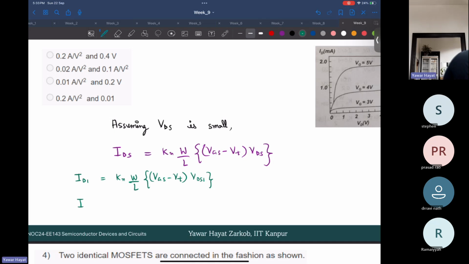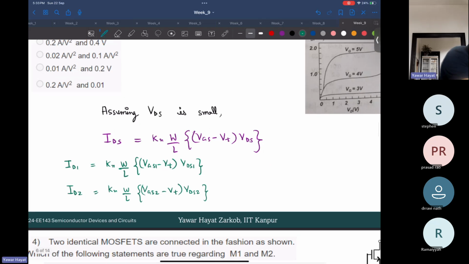ID2 is equal to Kn, W by L. In fact, I should write VGS1 here, and here I'll use VGS2. VT would anyways be the same, and then this would be your VDS2.